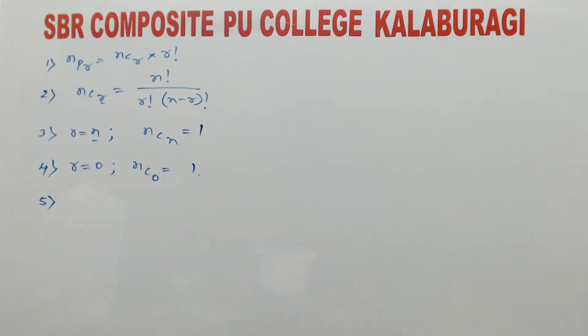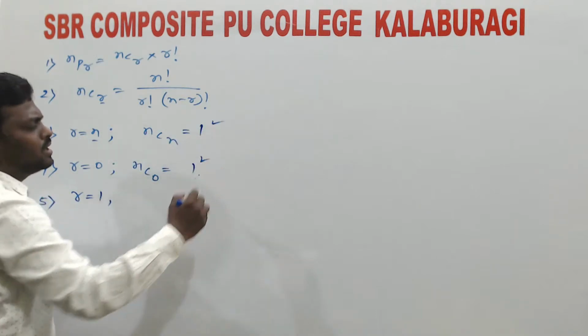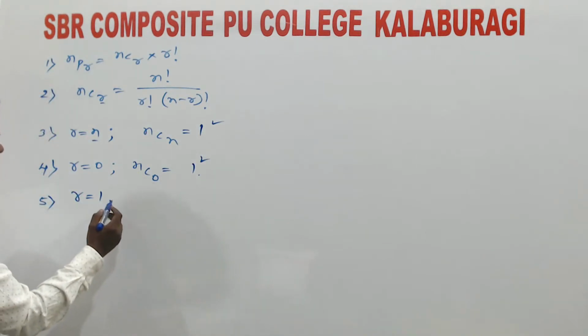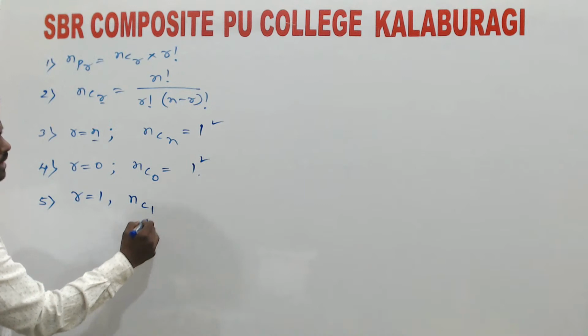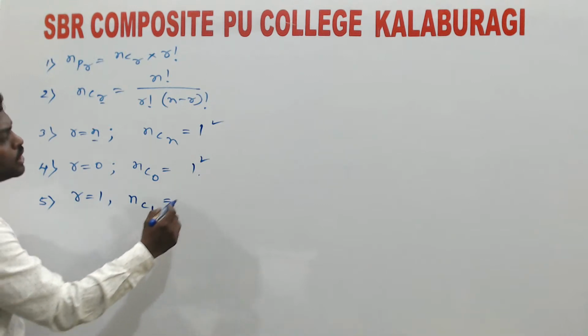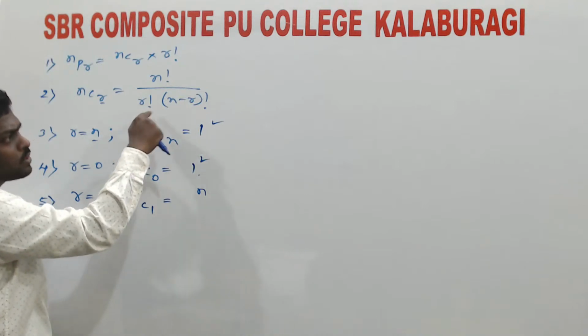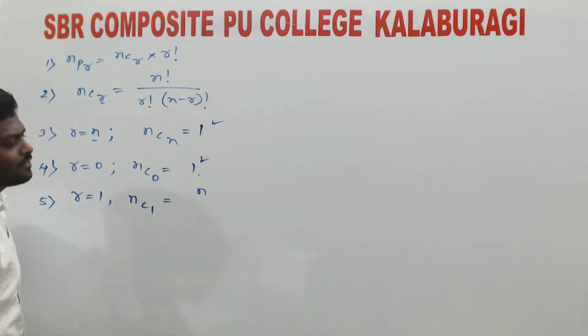So the next one you can see is, what if r is equal to 1? You have to remember these just for simplification, it will be very easy. What if r equals 1? nC1 is equal to, what's the formula? n factorial by r factorial into (n minus r) factorial.